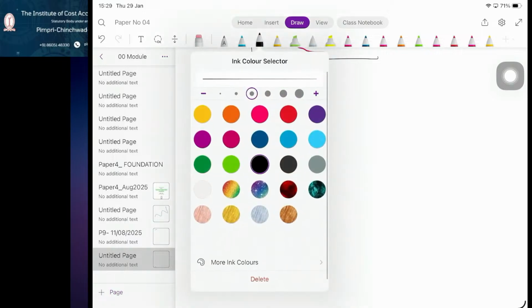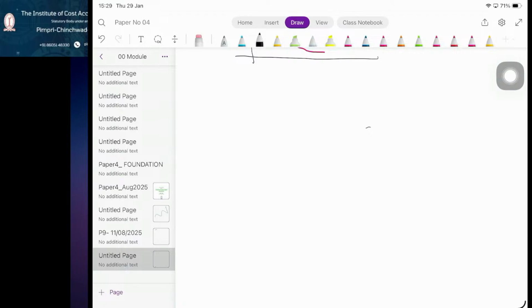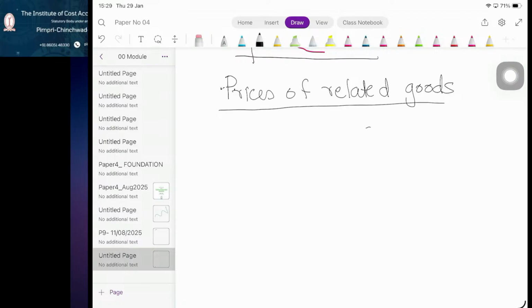So just two more things I want you to consider. In the last lecture, we also described prices of related goods. For example, let us take tea as our commodity.